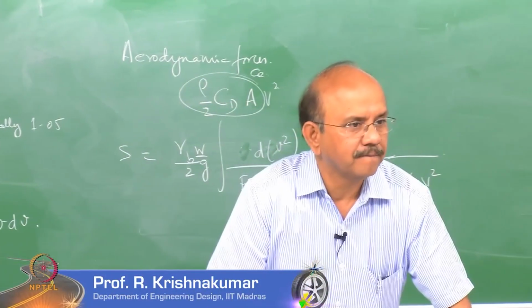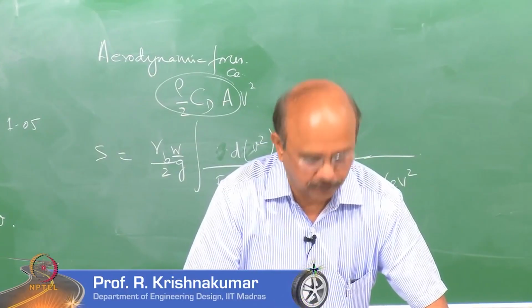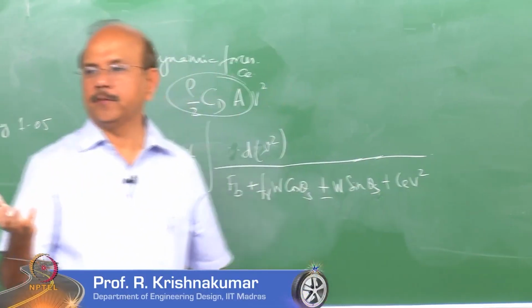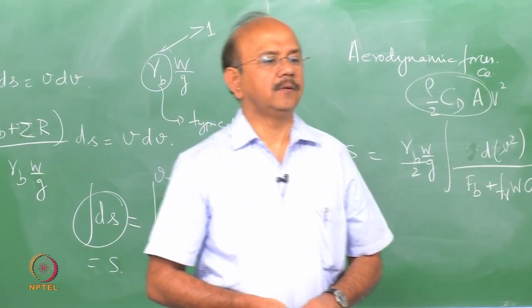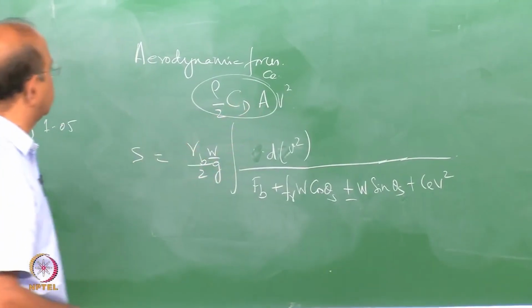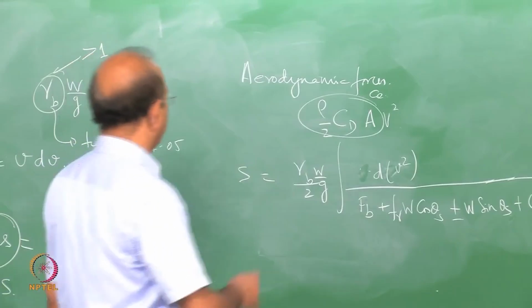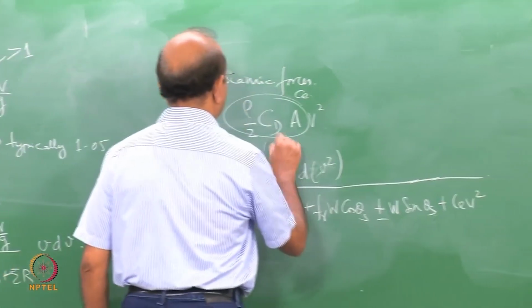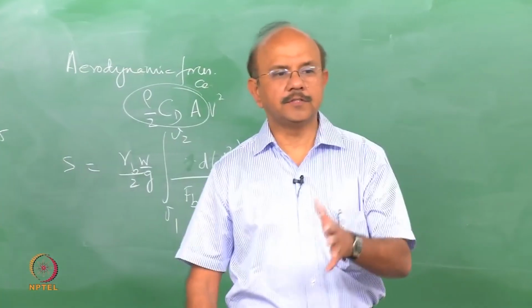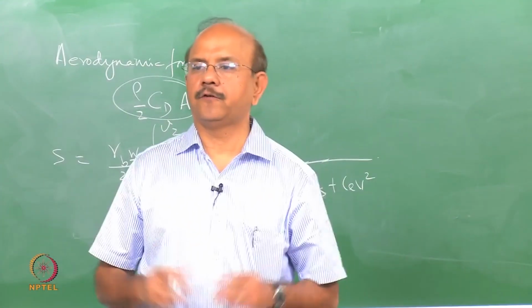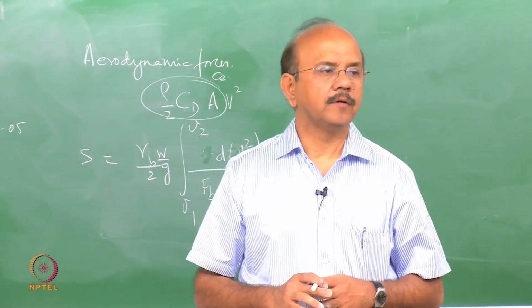It is in terms of log to the base e. Integrate this from V1 to V2. We will continue this integration and further interpretation of this in the next class.